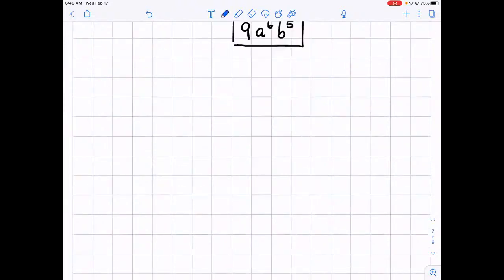Now we do have a theorem. And a theorem in math is something we don't have to prove, we just use it.